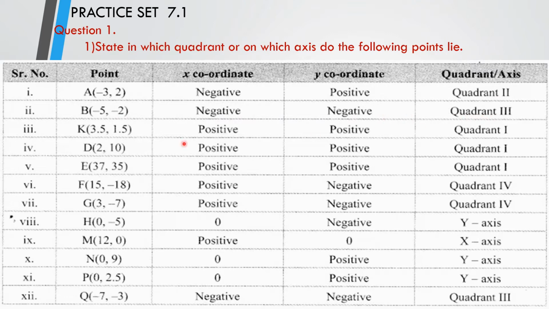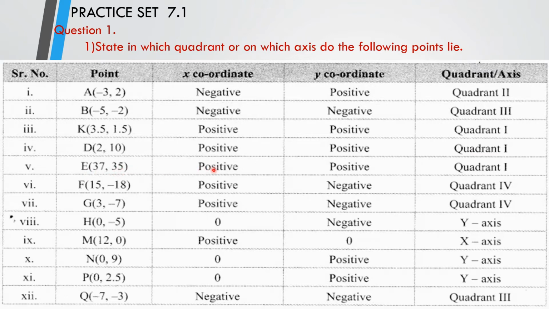And K(3.5, 1.5), both are positive. Therefore it lies in quadrant 1. And question D also, the x coordinate and y coordinate are positive. Therefore it lies in quadrant 1. And E(37, 35), both are positive, the x coordinate and y coordinate.